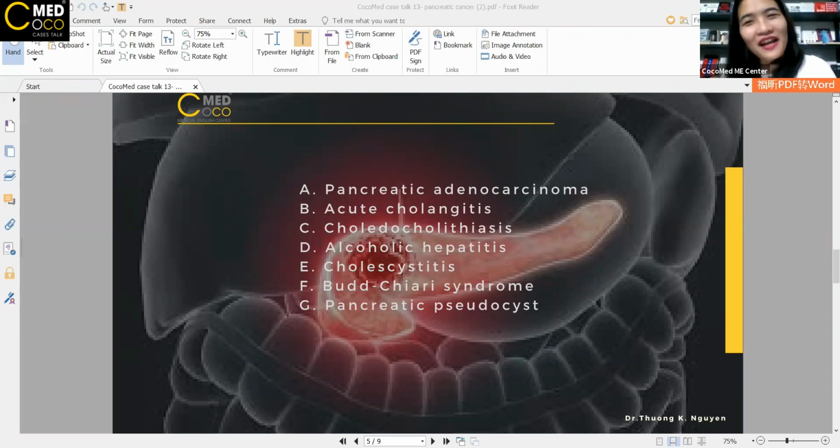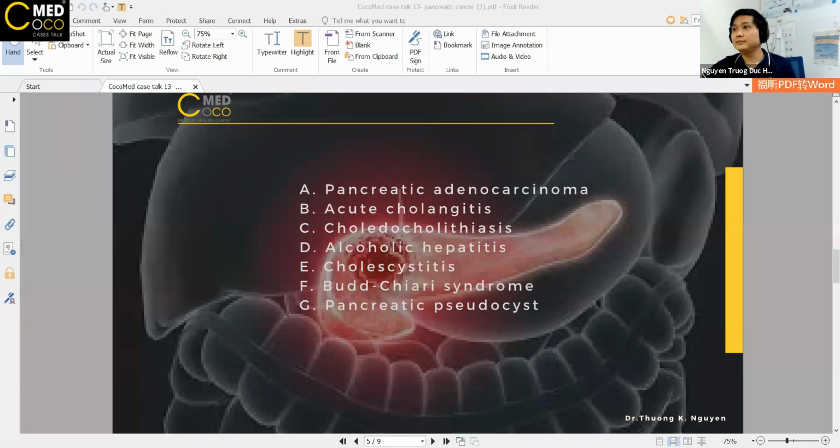And how about another idea? Do you think the same option is the answer? I also think that the more suitable answer is A, not G, pancreatic pseudocyst. As I read, it is actually a kind of fluid collection that contains pancreatic enzyme, right?